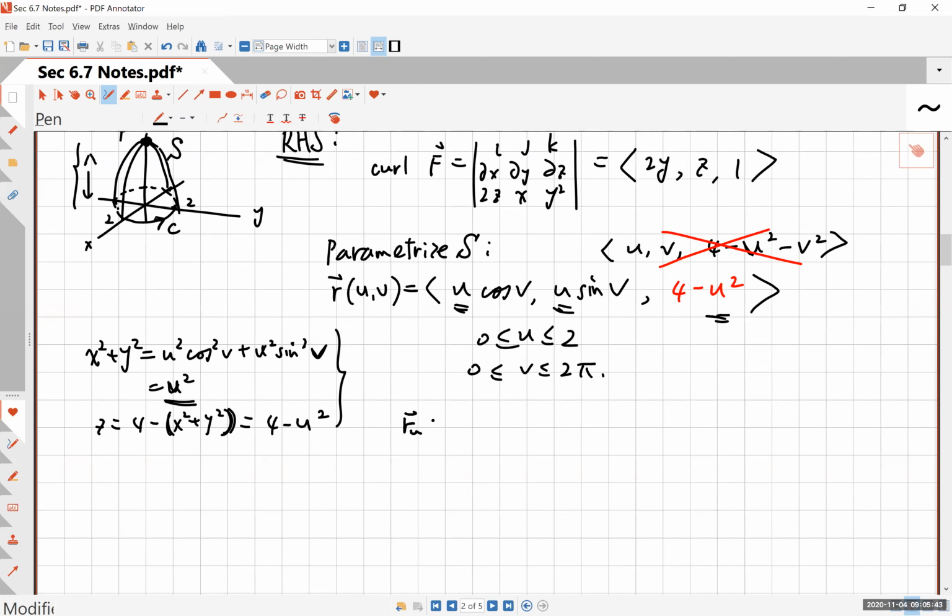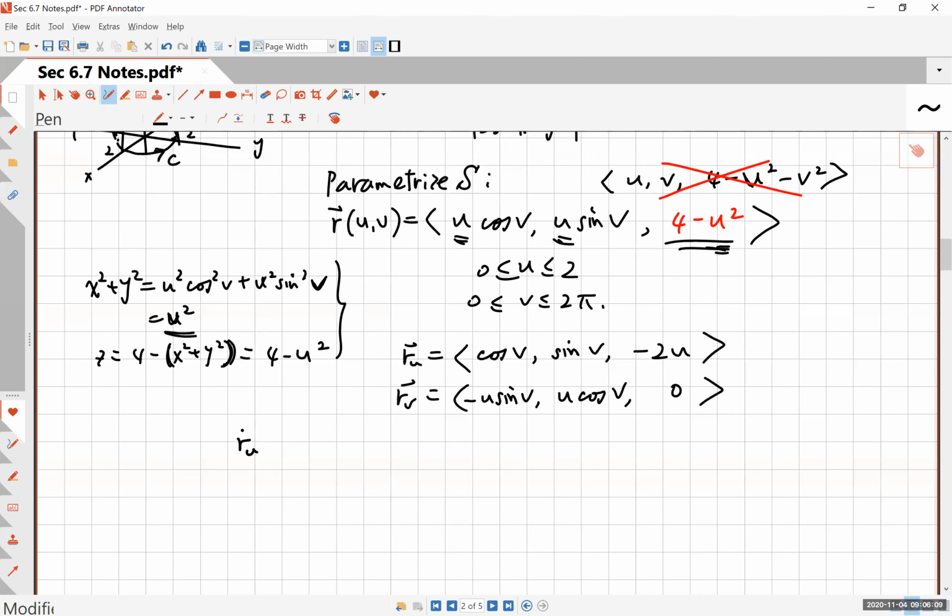And now, of course, I have to find Ru cross Rv. So let's go ahead and calculate Ru, which is cosine v, sine v, negative 2u. And Rv is negative u sine v, u cosine v, 0, remember, because this has no v in it.